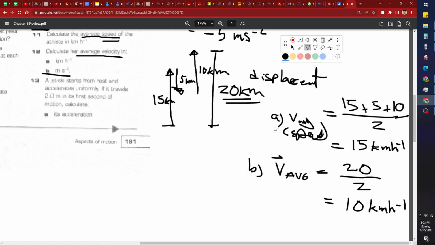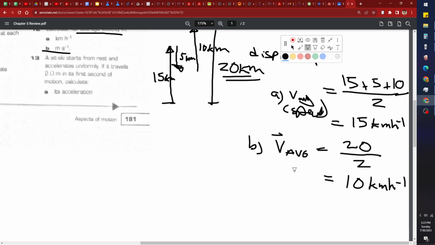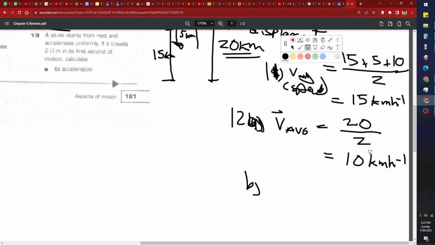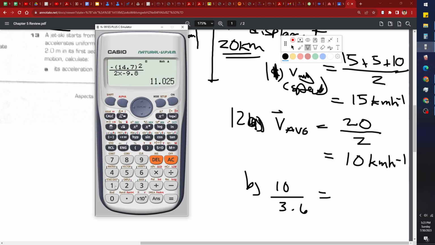Now, to change that in part B to meters per second, this is 12, right? To meters per second, then what happens is, that was 11, and this is 12A, and then B would be, take this, divided by 3.6, and then we would get that in meters per second.